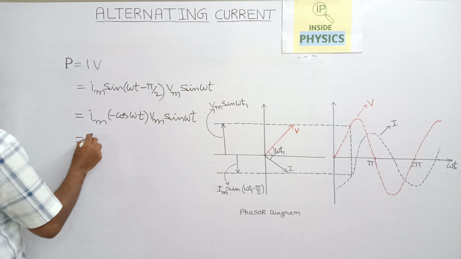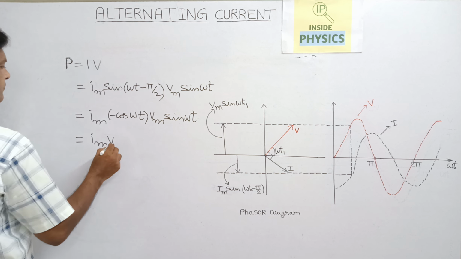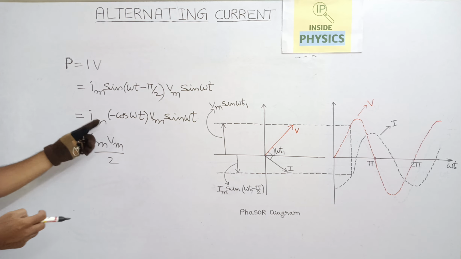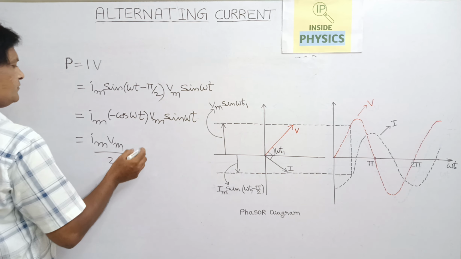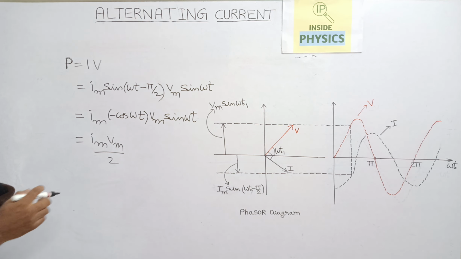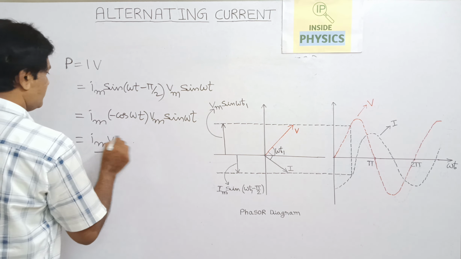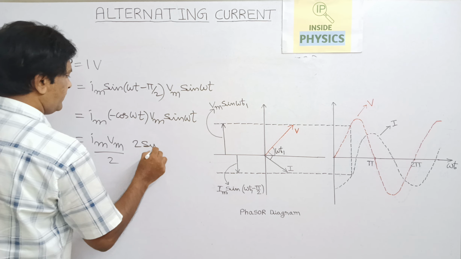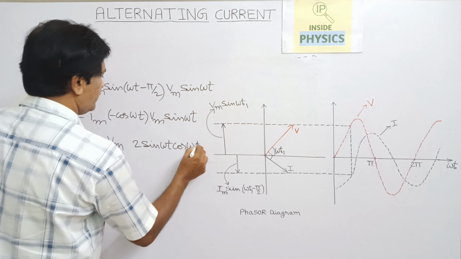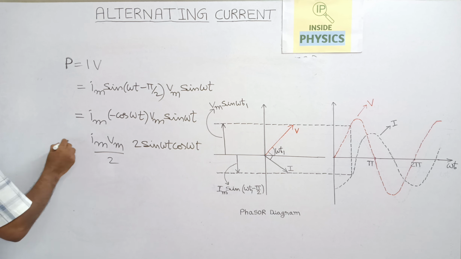By this we can write Im Vm / 2; I will multiply the numerator and denominator by 2, then this becomes 2 sin omega t cos omega t, and we put a minus in front of this.